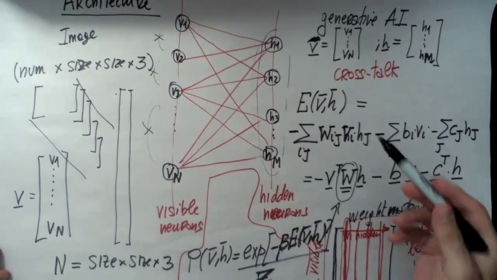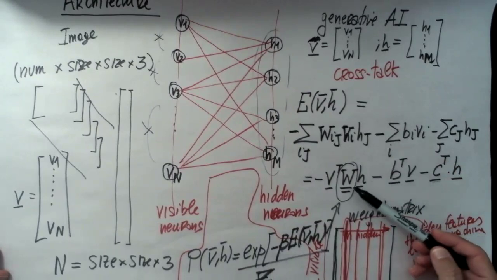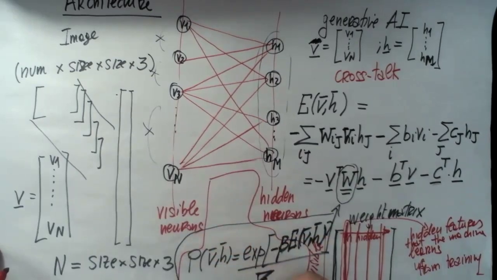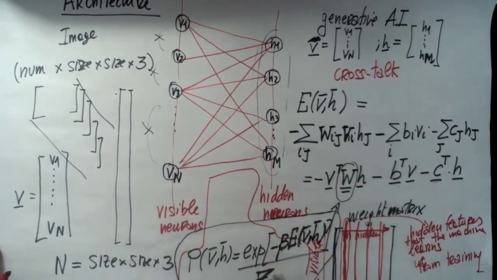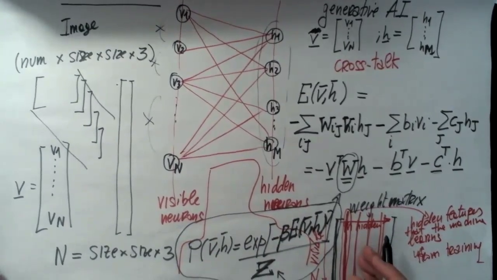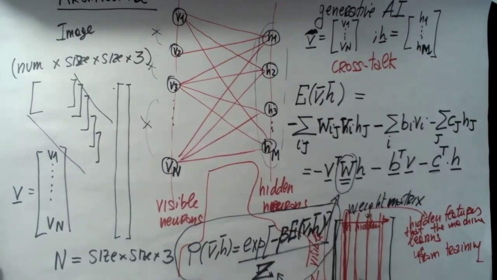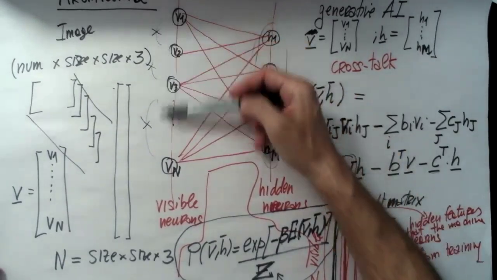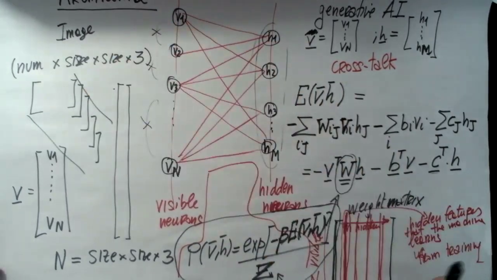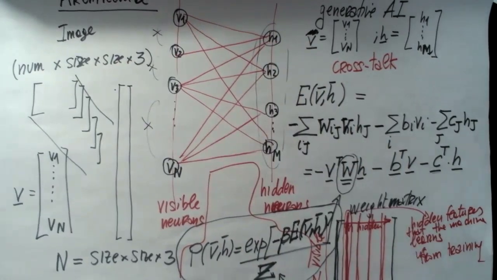And once we have the weights and the bias vectors, we can sample from the Boltzmann distribution and generate new images that have the same statistical properties as the original training data, the original statistical distribution of the data.